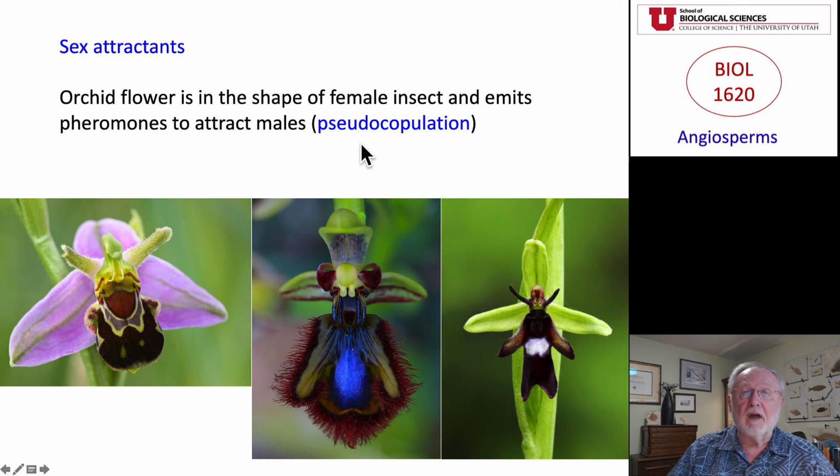It's a pseudo-copulation, obviously, and in the process of copulating, either picks up or drops off pollen grains. The evolution here is quite remarkable, with these flowers looking very much like different bee types, even down to the presence of eyes. Aren't plants wonderful?